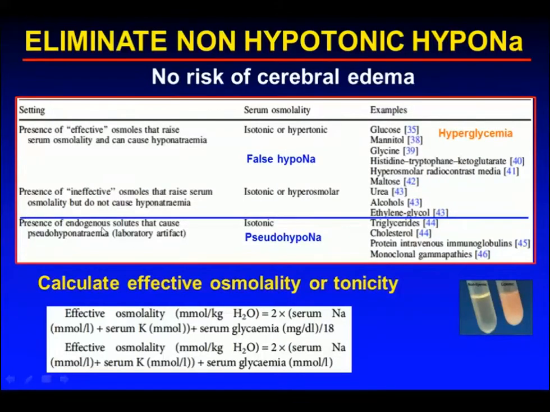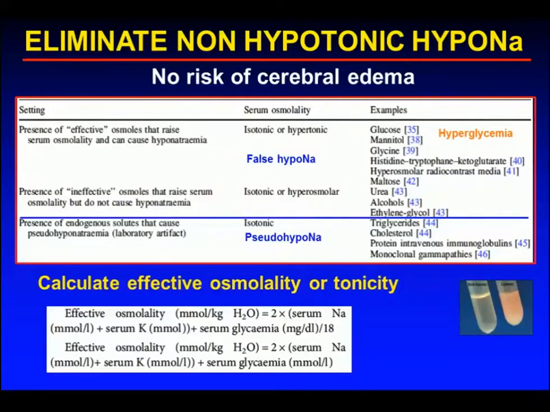And finally, the last is the presence in the plasma of endogenous solutes that can cause pseudo-hyponatremia. It's a laboratory artifact, and this is found during severe hyperlipidemia or hyperproteinemia. I cannot go into details. In this situation, you have no risk of cerebral edema, and these are not hypotonic hyponatremia.